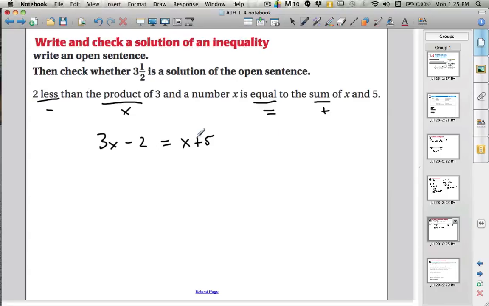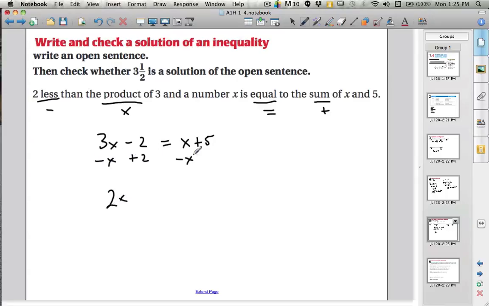And then what I would want to do is simplify this, which means getting my variables and my like terms together. So I will subtract an x from either side.